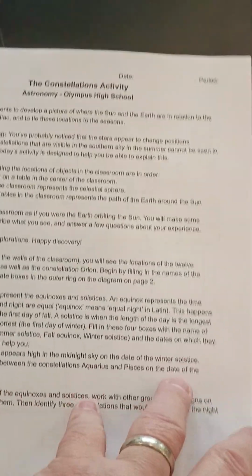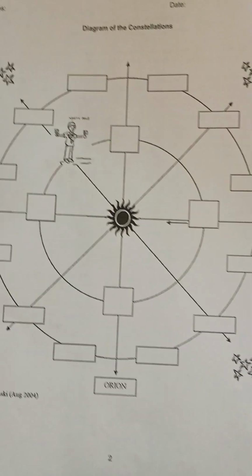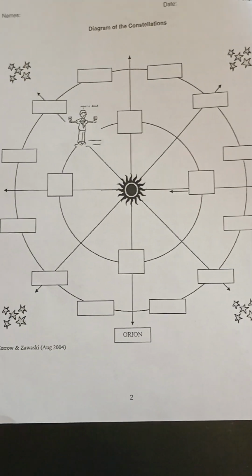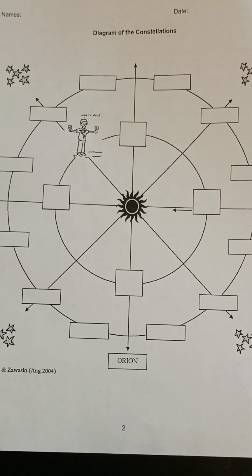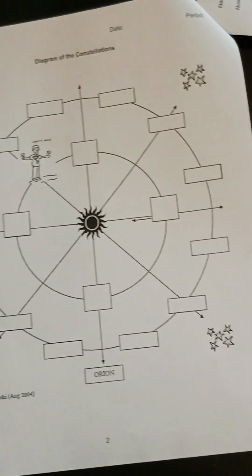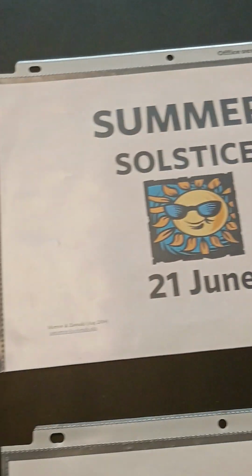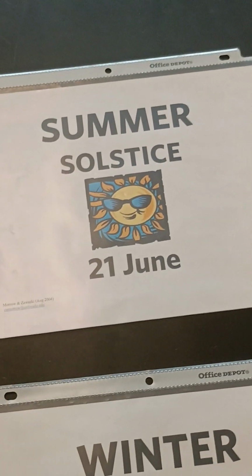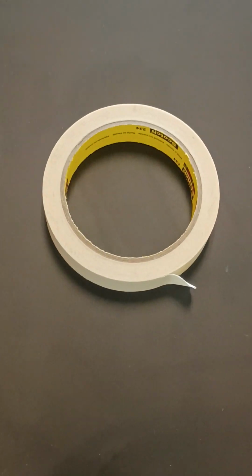Once you've done that and you filled in the outer ring on your map with the names of constellations, and the 4 events in the inner ring, what I'm going to ask you to do, if you're one of the first 4 groups to figure that out, is to come over and grab one of these things, summer solstice, let's say, and some tape.